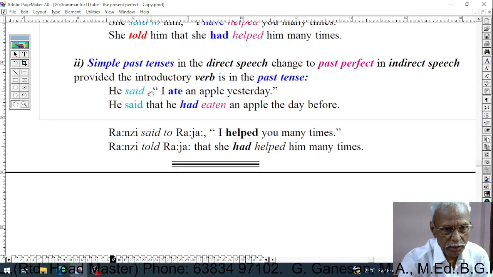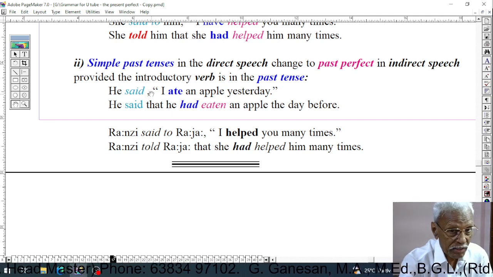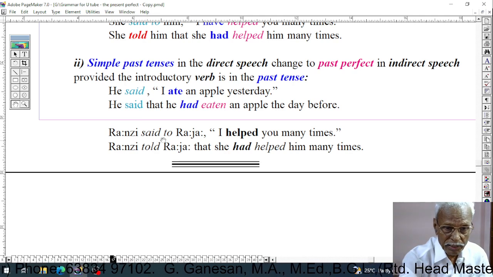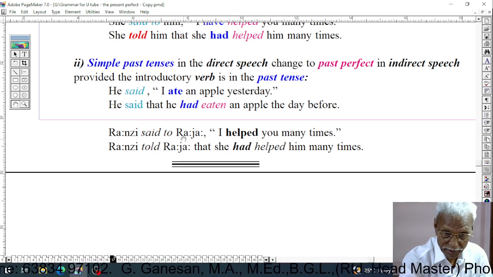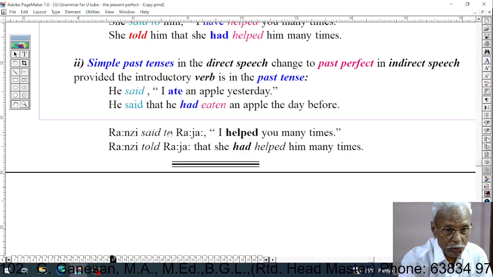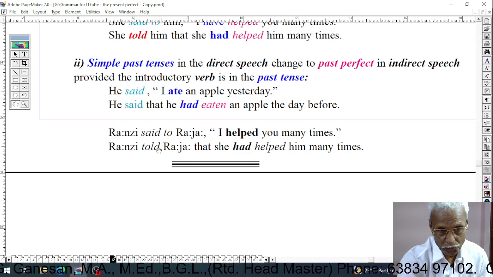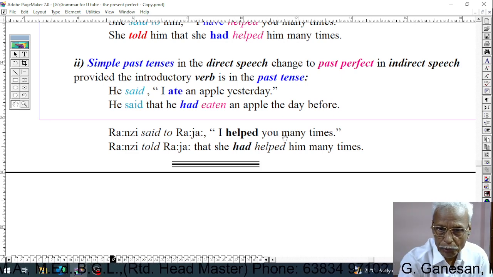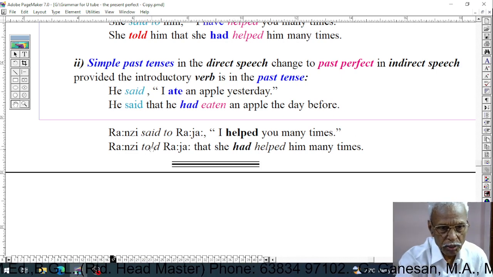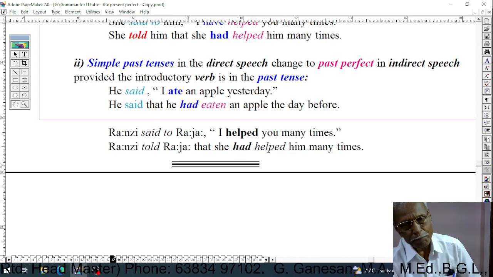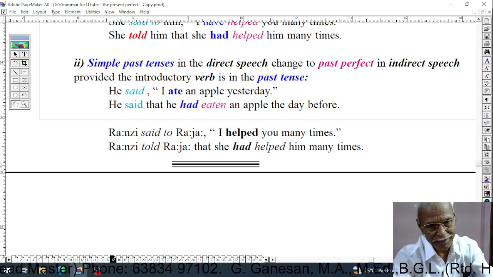Here there is no hearer, so said remains said in indirect speech also. In the second example there is a hearer, so said to has changed to told. Rani said to Raja, I helped you many times. Rani told Raja that she had helped him many times. Okay.